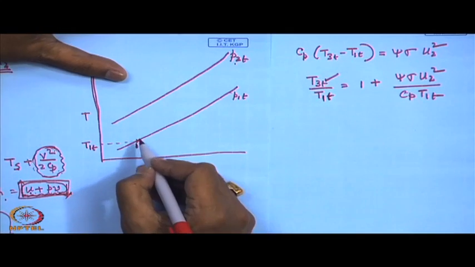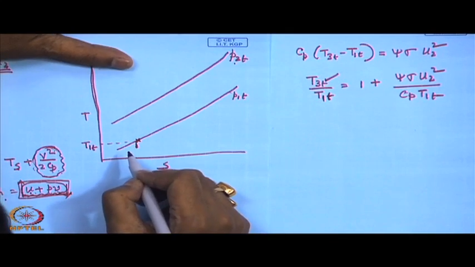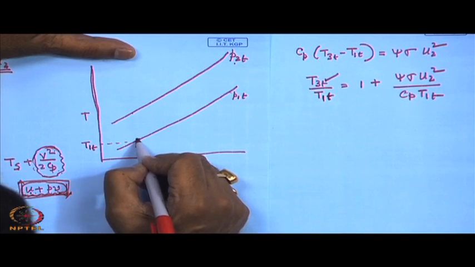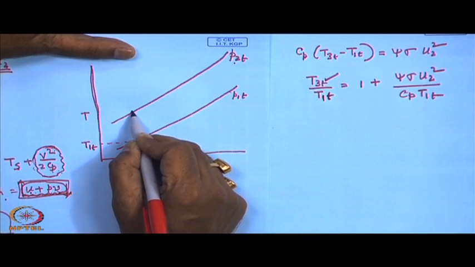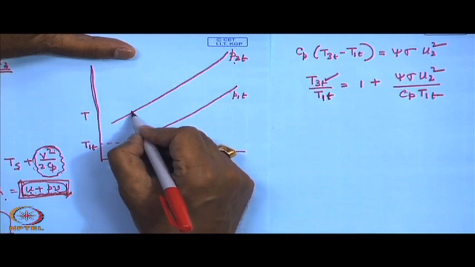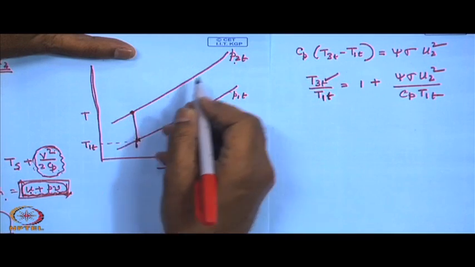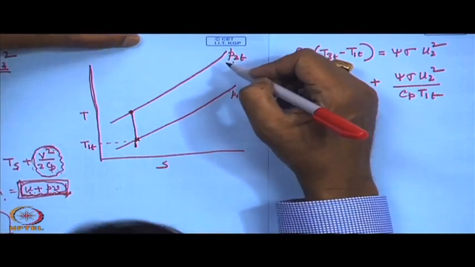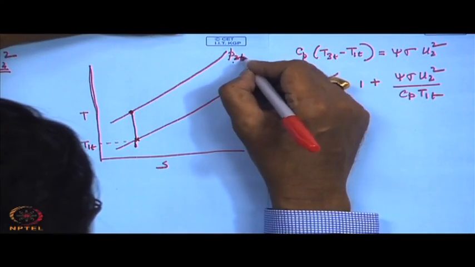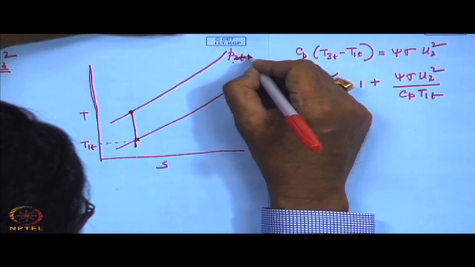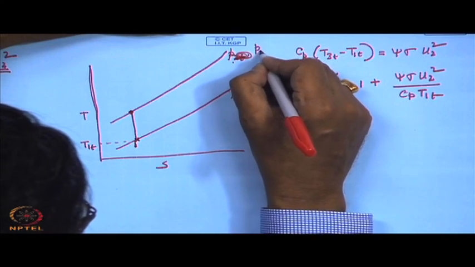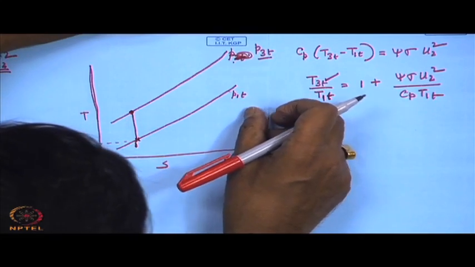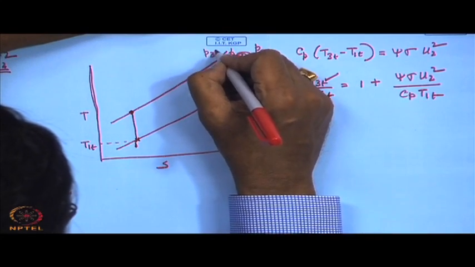Now, you come to this, if this is the 1, now if we have an isentropic expansion, we get a point here. Sorry, this is not P2T, this is the final pressure of the compressor, that is total pressure of the compressor, P3T.